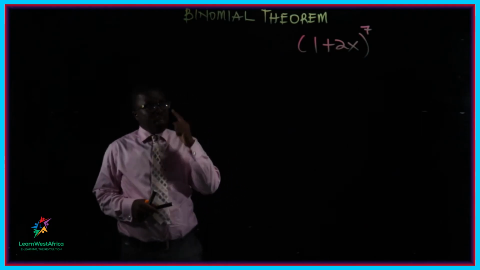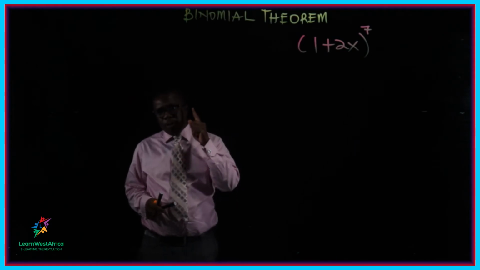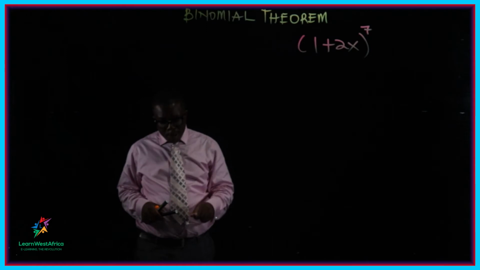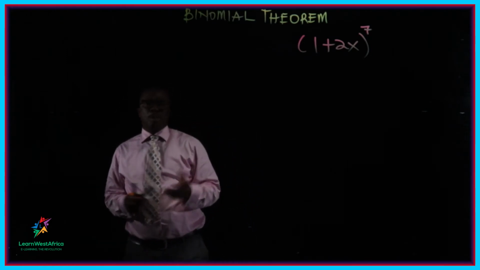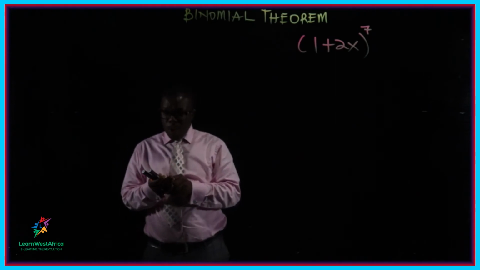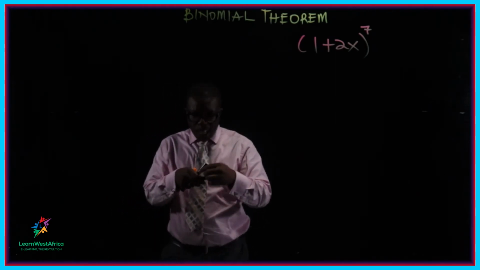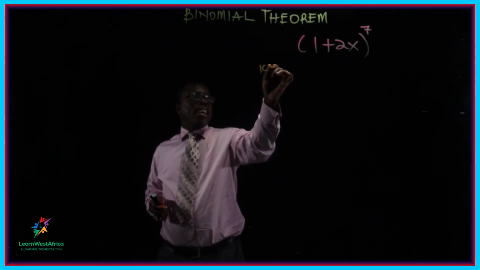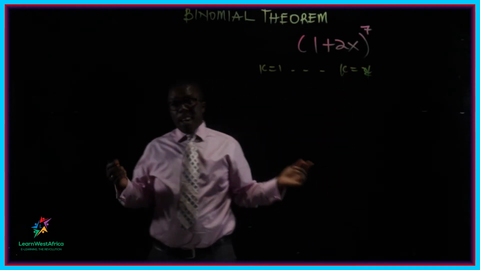First of all, it says that we should find in ascending powers of x the first 4 terms. So, just like we saw, let's go through this example again. The first 4 terms will mean that we want our k equal to 1, spanning up to k equal to 4. Right? That's our first 4 terms.